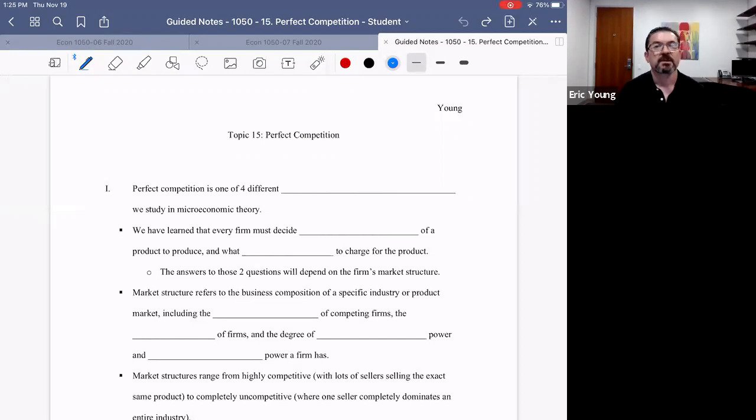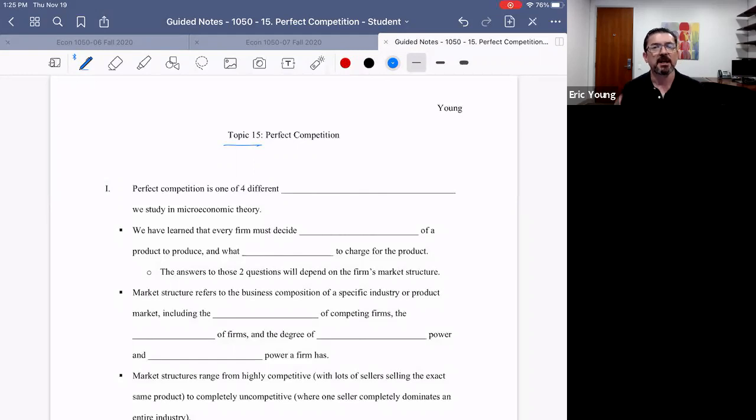What we're going to be doing, starting with this topic number 15, is discussing market structure, which, as you know from our intro, is a really big part of micro theory. We know that not every firm operates the same way because different firms vary in terms of their size, their complexity, their market power, their pricing power, things like that.